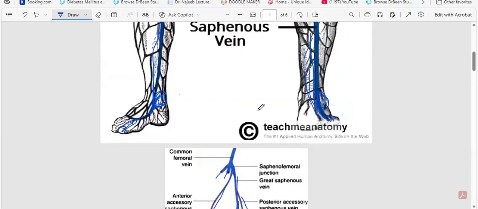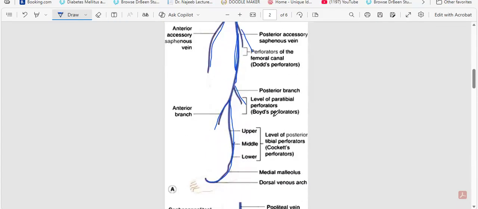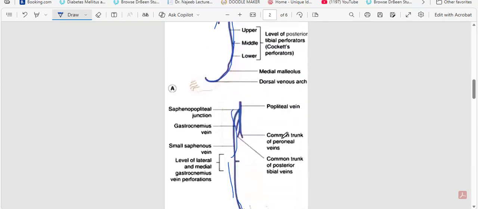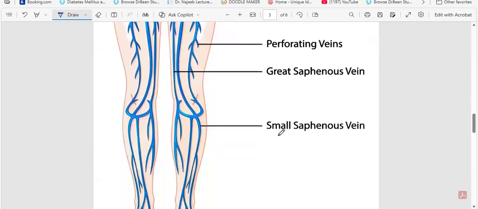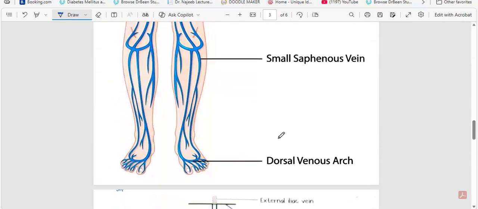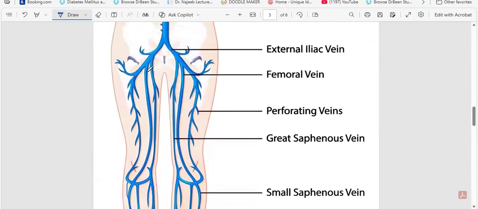So both the great saphenous vein and small saphenous vein are draining the venous blood. You can see this is the arch of the foot. This is the great saphenous vein. This is the small saphenous vein. The great saphenous vein enters the femoral vein.